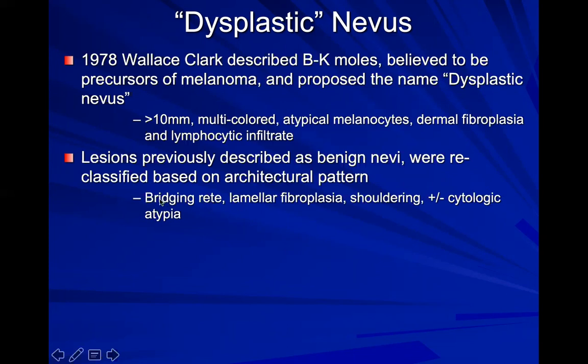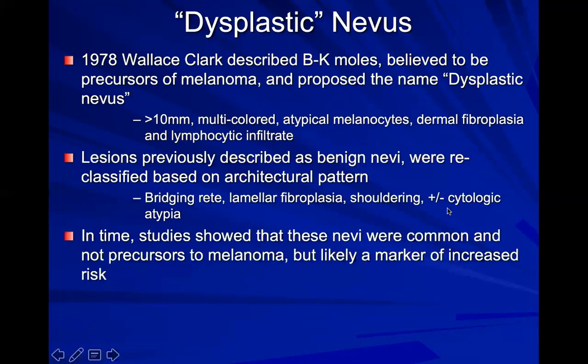So bridging of rete ridges because of this dermal fibroplasia, and then shouldering, where your junctional component extends at least 3 rete ridges past your dermal component, talking about a more wide, broad nevus rather than these more vertically oriented nevi. And you may or may not have cytologic atypia.